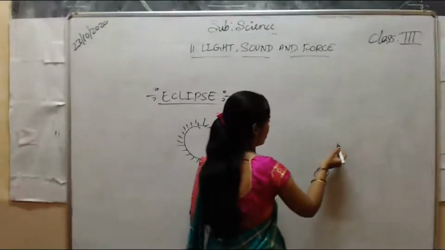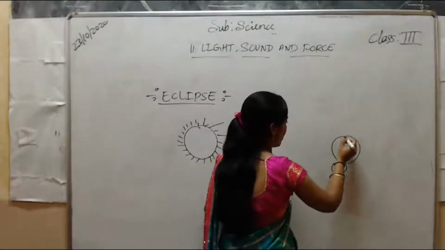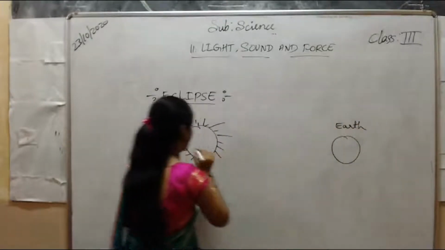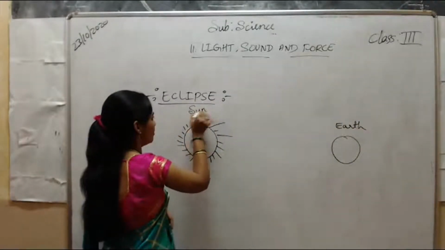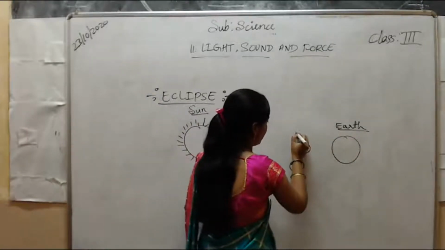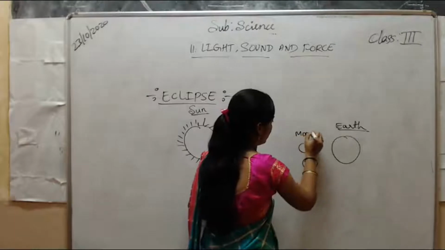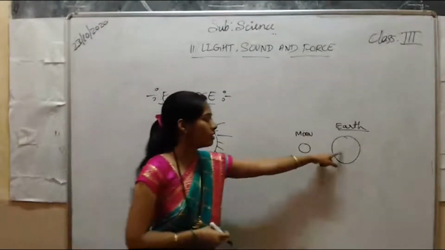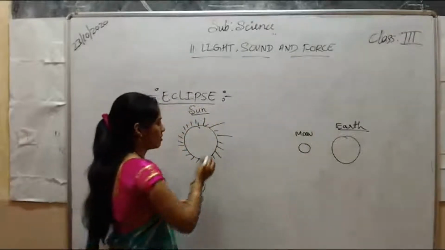The earth revolves around the sun. What is this? Earth. And what is this? Sun. And what is this? This is the moon.